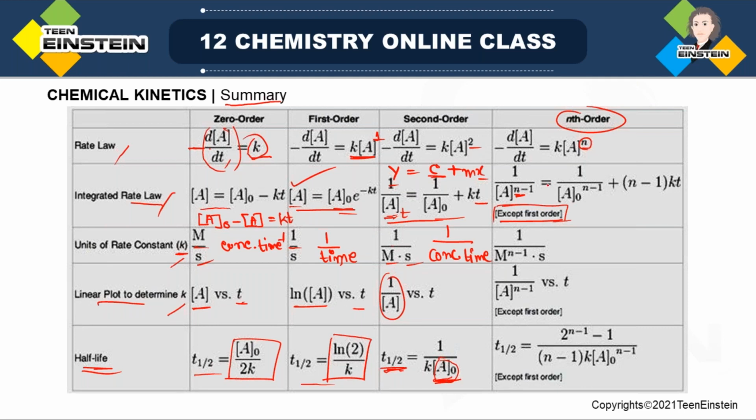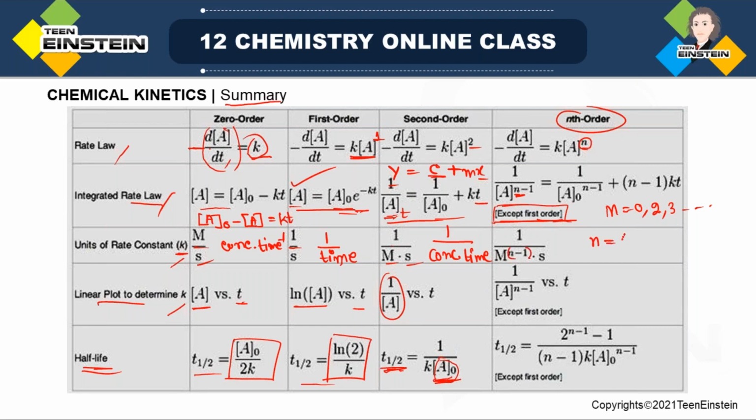But if you put n value equal to 1, then you will not get the first order integrated rate law because here the exponential term is present. So except first order, you can put any value, that is n equal to 0, 2, 3, etc., but not 1. Here the unit for rate constant is 1 divided by M to the power n minus 1 into s.